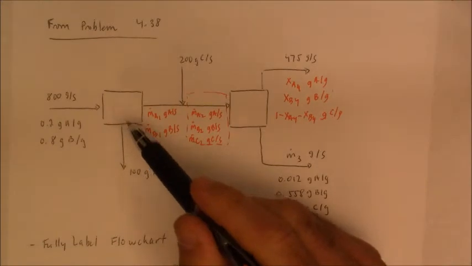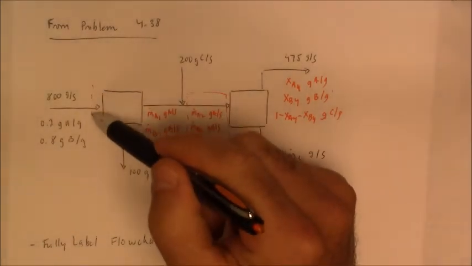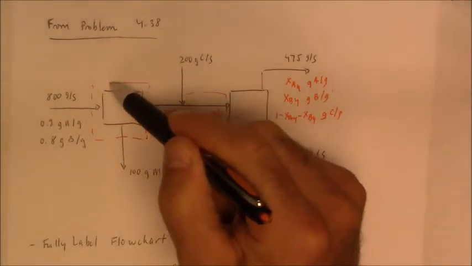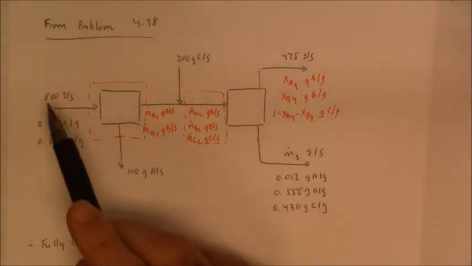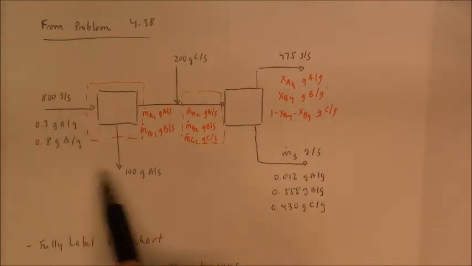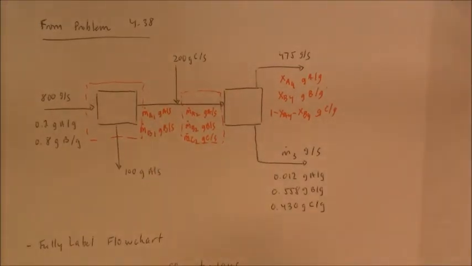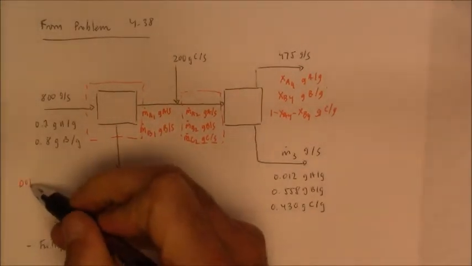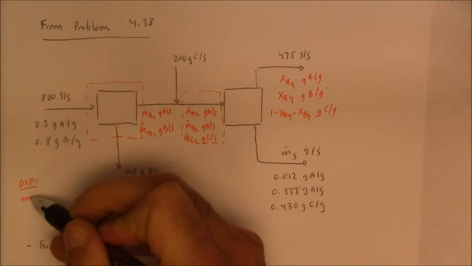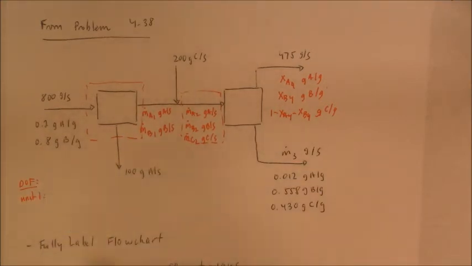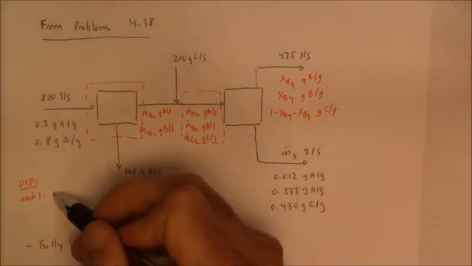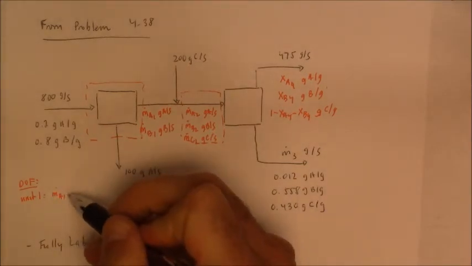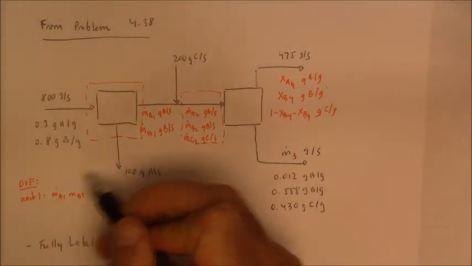So we'll start with unit 1. If we look at unit 1, we have 2 unknowns, MA1 and MB1.